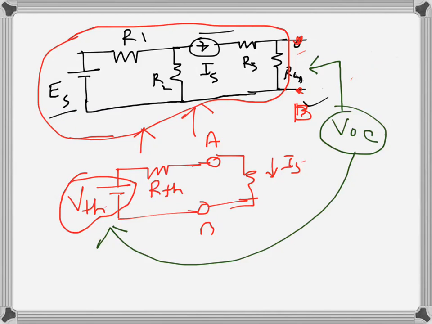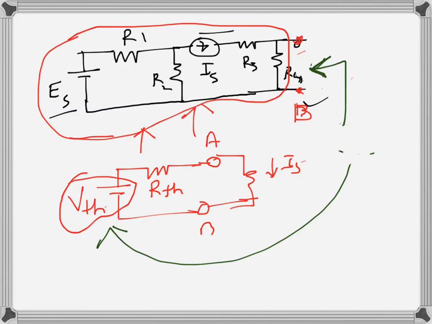And when it comes to the Thevenin's resistance, again the same thing happens. This whole thing is made open. We'll just erase this part here. So basically this is still open, and what is done now is the Thevenin's equivalent resistance looking here is calculated.